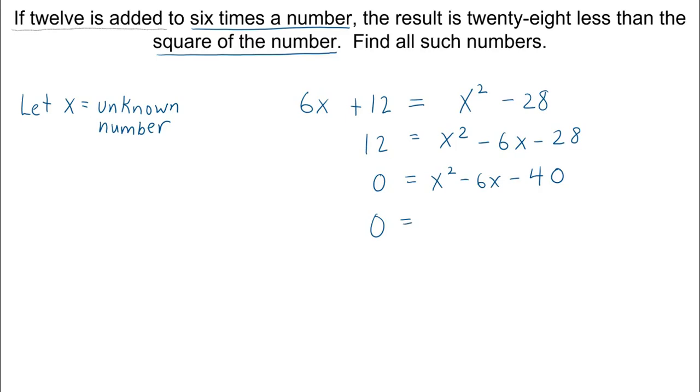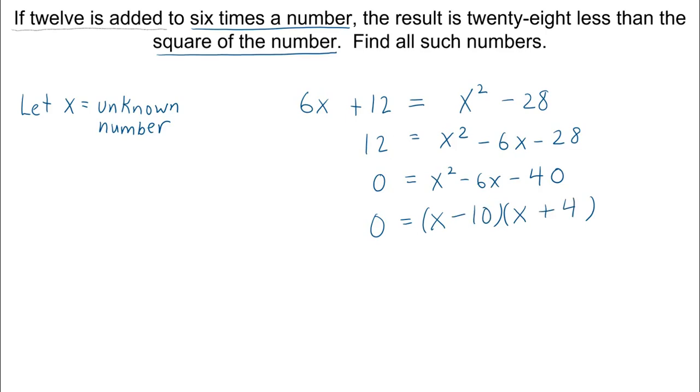So we'll have 0 equals x squared minus 6x minus 40, a trinomial with a leading coefficient of 1. Trinomials with leading coefficients of 1 factor into two binomials where the leading term in each binomial is an x. Now we need two numbers that multiply to give us negative 40, but add to give us negative 6. Those two numbers are negative 10 and positive 4.